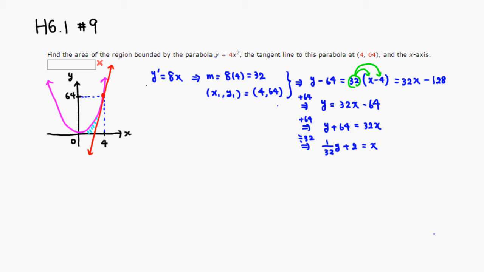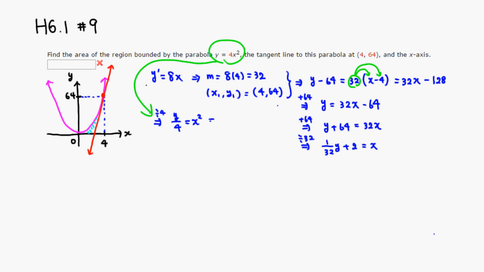Then the parabola can also be rewritten. The parabola is sitting right here. I'm going to divide through by 4, so we get y over 4 is equal to x squared.